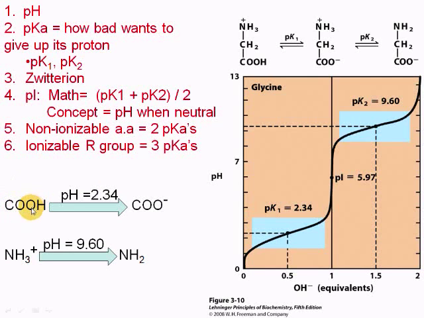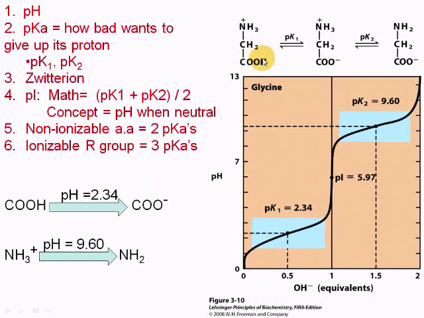And so the way I've drawn this out is we have COOH representing that carboxylic group on an amino acid, and then over here it's lost the proton. And then above the arrow I wrote a pH of 2.34, and so this means that below a pH of 2.34 we will have our proton, and above this pH we will have lost our proton.